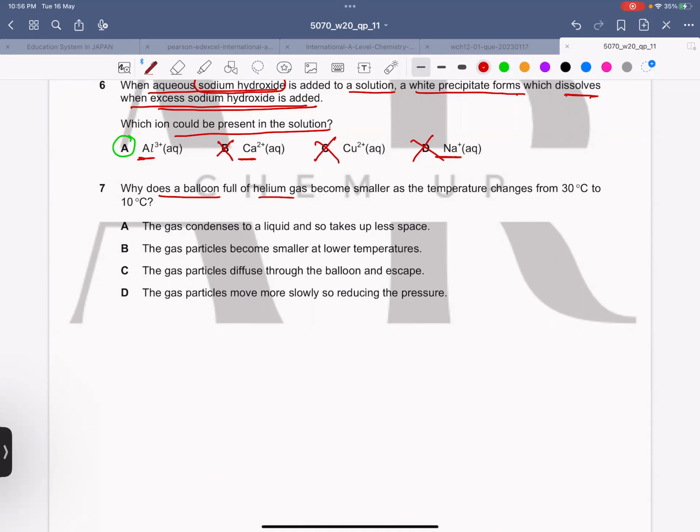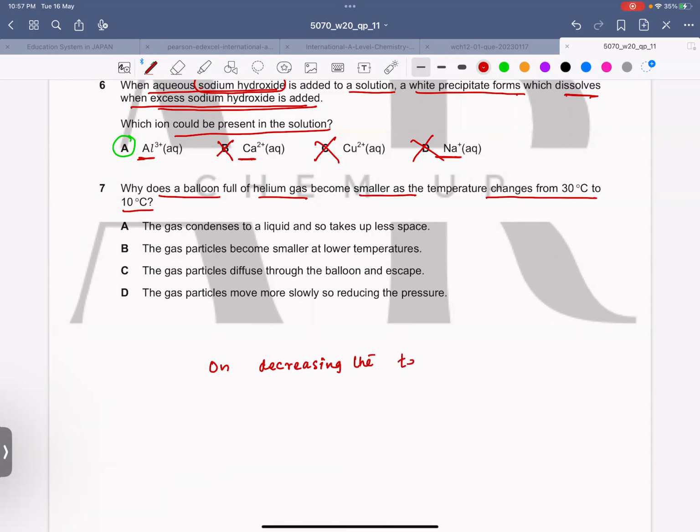Why does a balloon full of helium gas become smaller as the temperature changes from 30 degrees Celsius to 10 degrees Celsius? So what would happen when the temperature falls? Can anyone explain? Sir, the pressure reduces.